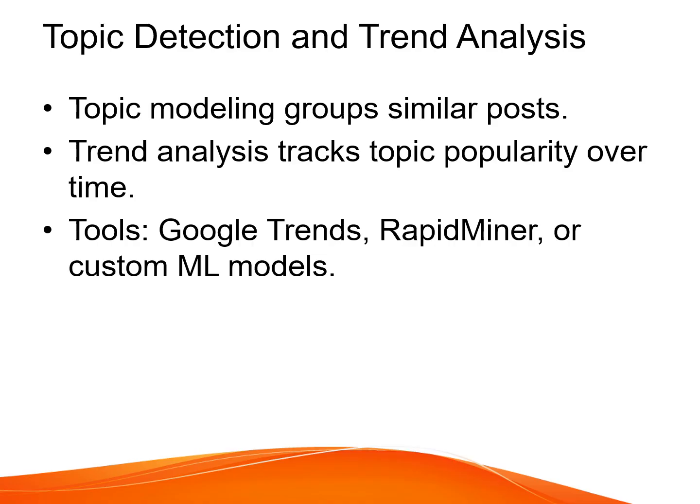Tools like Google Trends, RapidMiner, and Tableau help visualize trends. Businesses use this to forecast market shifts or public interest, so they can gain profit on the products that they are manufacturing over time.